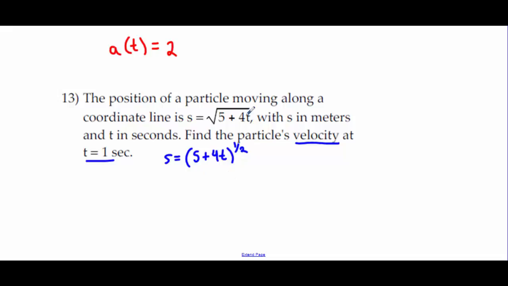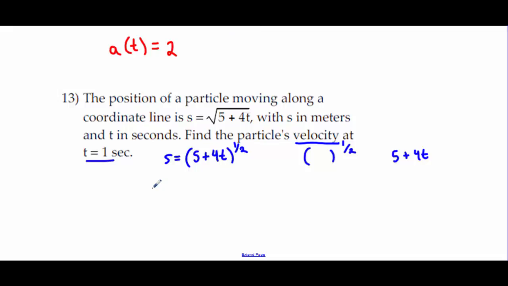This has a shell of the 1/2 power and an inside of 5 plus 4t. So we take the derivative of the outside and times it by the derivative of the inside.